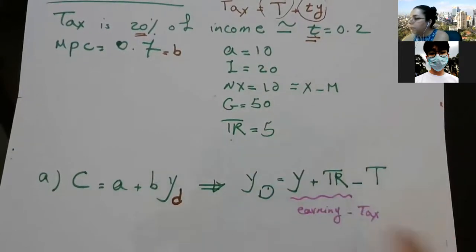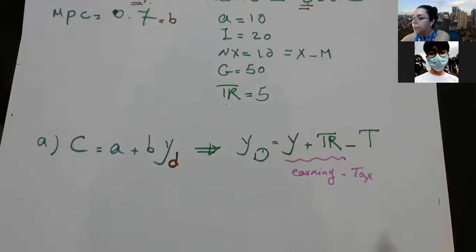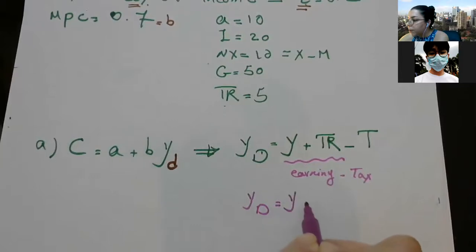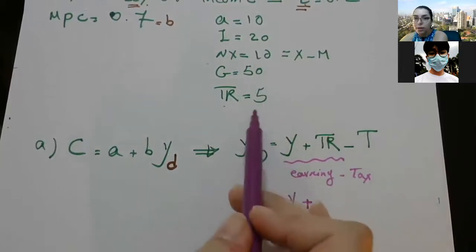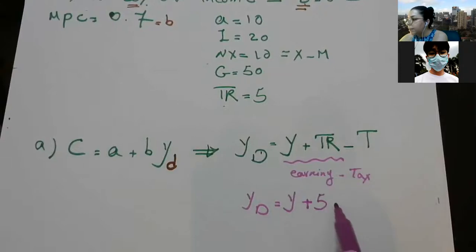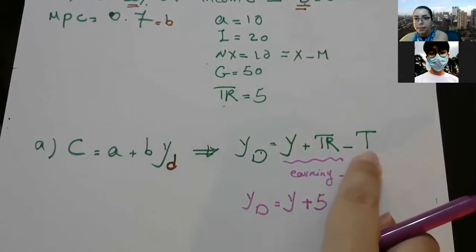So now, if we want to form disposable income in this particular question, maybe I can write that YD is Y plus TR. How much is TR? TR is 5. I put 5. Minus how much is tax? Now I have to form my tax function.